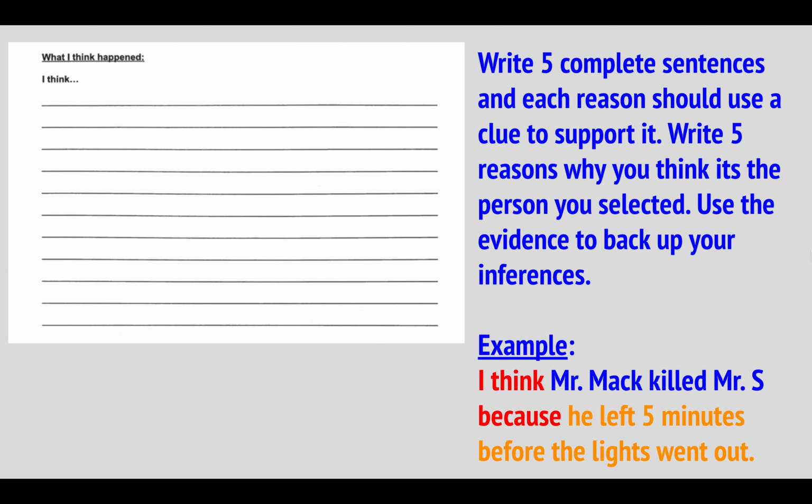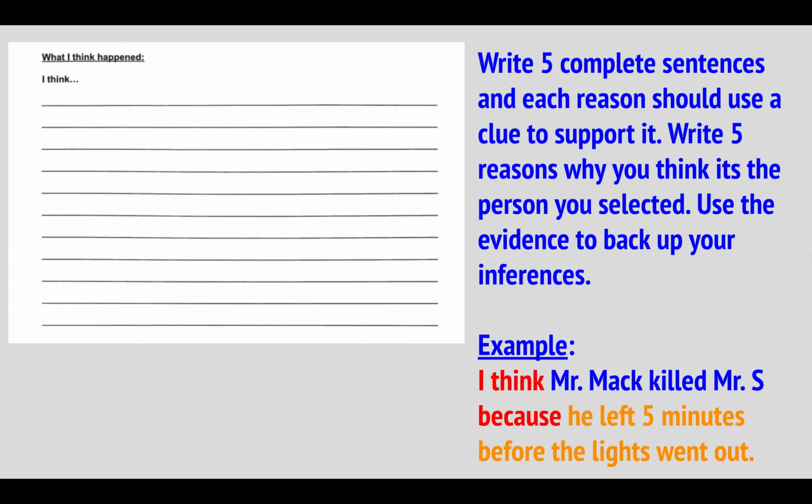Let's look at our example. Sentence. You would start off with the sentence starter, I think. Then you would write the suspect who you think murdered Mr. Smith. Now, I'm not saying Mr. Mack is the one who killed Mr. Smith. This is my example. I think Mr. Mack killed Mr. S. Mr. S meaning Mr. Smith.